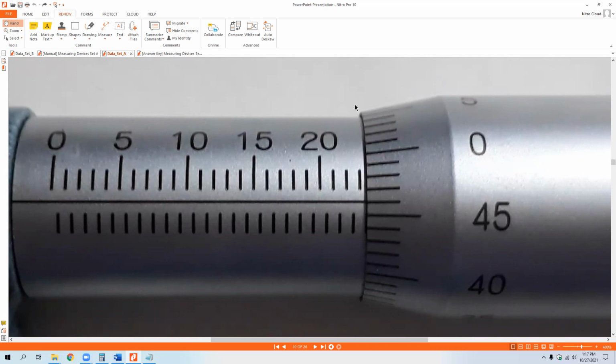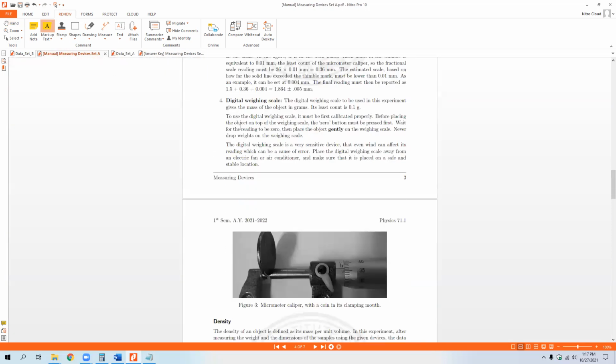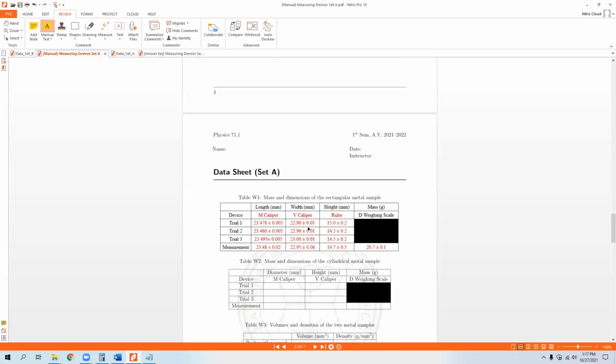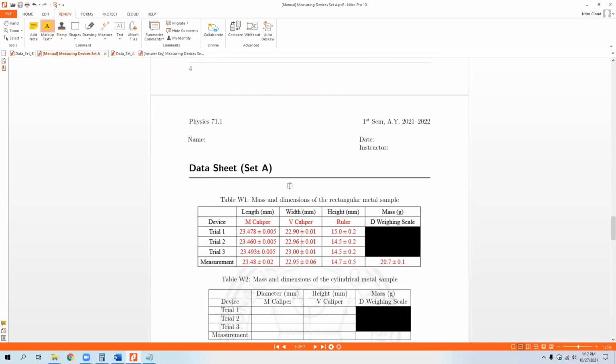So now, let us move on to our other sections. So we should thus get a set of answers for set A of the following. So these are all determined through measurements. Ang uncertainties natin ay half the least count. So ang micrometer caliper uncertainties natin ay pare-parehas lang.